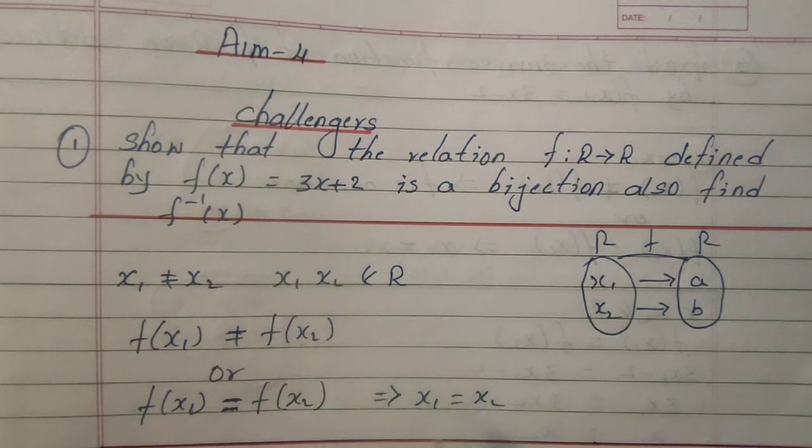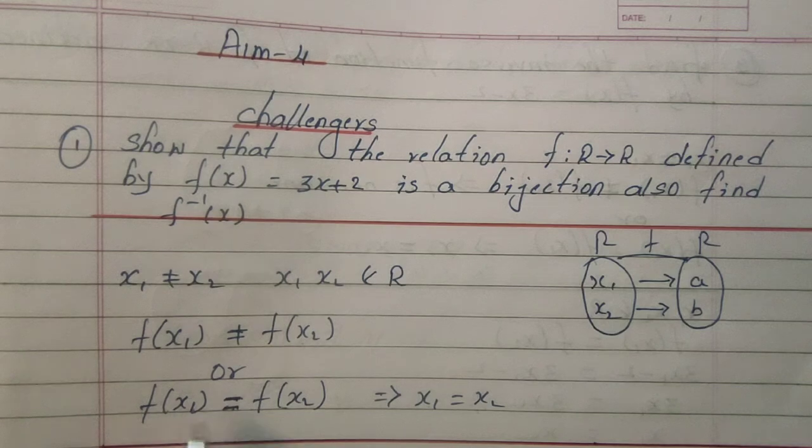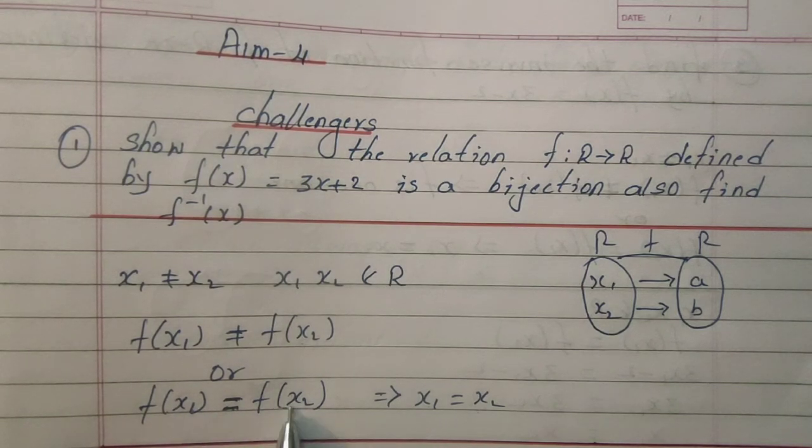Both give the same meaning. So how to check whether the function is one-to-one? Take two elements x1 and x2. They are not equal, but we are using the contradiction method, so we take f of x1 and f of x2 as equal. If function values are equal, the inputs must also be equal.